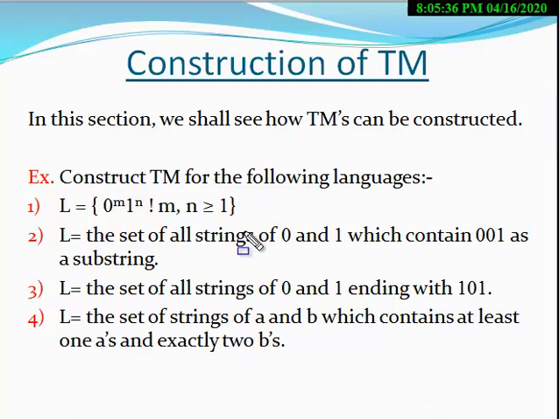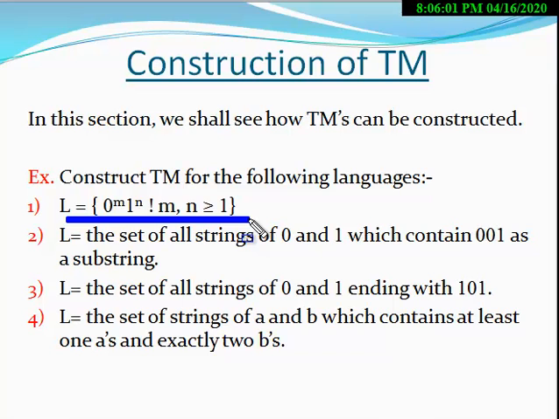Here we consider the following 4 languages. Clearly look, all these languages are regular. The first language is L equal to 0 power m 1 power n such that m, n greater than or equal to 1.